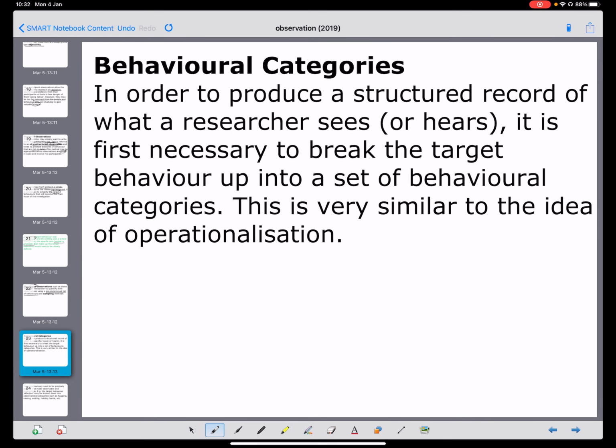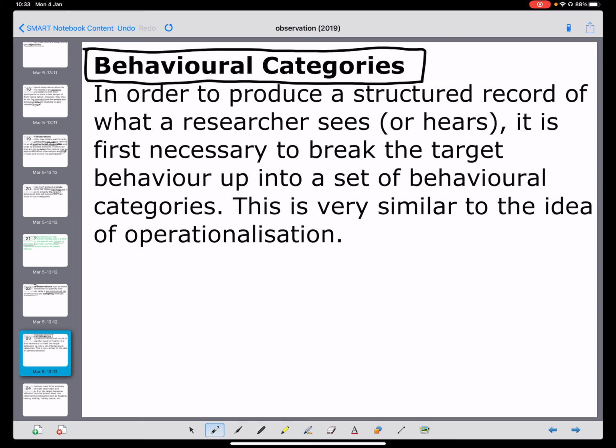And so what I'm ultimately talking about is that whenever we do observations, we need to always have in mind this idea of behavioural categories, that I need to determine particular behaviours that I need to observe. Okay, so for example, the Ainsworth study, she looked at specific behaviours. She had larger categories like reunion behaviour. So she observed the baby when the mother returned to the room, called reunion.